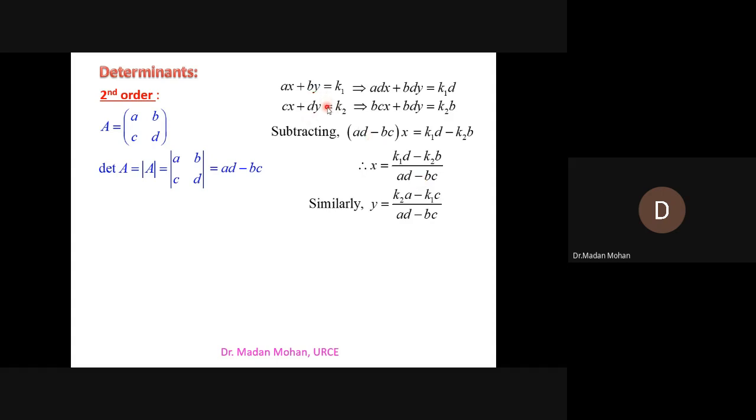Whether a solution is there or not, ad minus bc tells us, it determines. Hence, this is called the determinant. I think you got the meaning. ad minus bc determines whether the equations have a solution or not. So, this number ad minus bc is called the determinant. Okay.